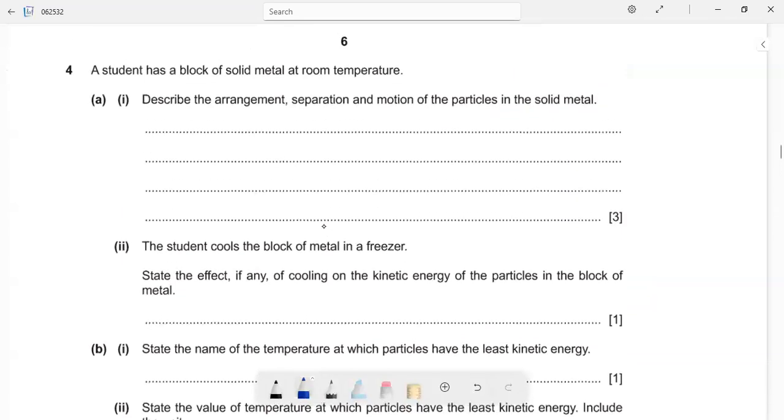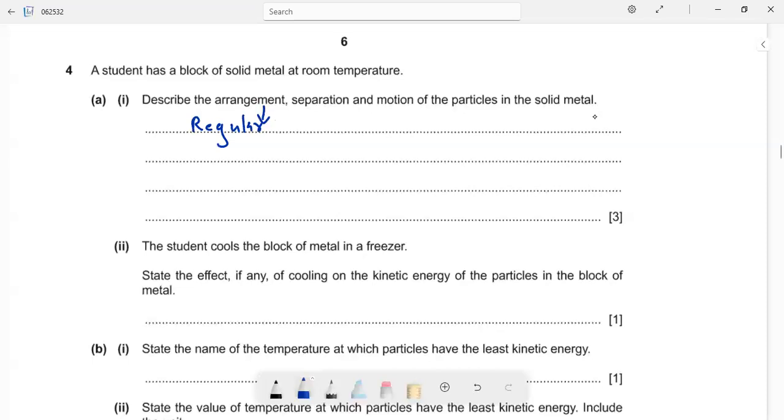Next, a student has a block of solid metal at room temperature. Describe the arrangement, separation and motion of the particles in the solid metal. As it is a solid, it will have a regular arrangement, fully packed.